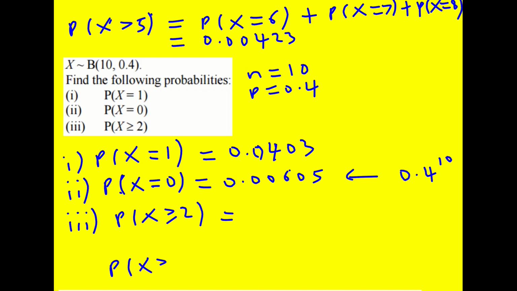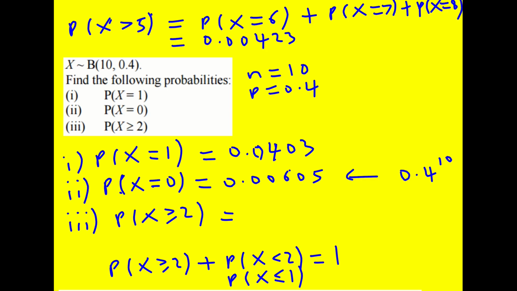If we think about it, then if we got all the ones from 2 up to 10, and we add the rest, so the ones that are going to be less than 2, then that's going to be all the possibilities. That must equal 1. Now this x less than 2 is exactly the same as x less than or equal to 1. They're the same thing because I can't have values in between. This is a discrete probability distribution.